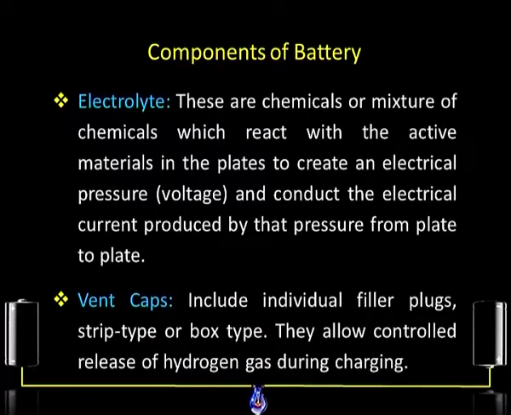Then vent caps. Vent caps are on the vent holes. They mainly allow the controlled release of hydrogen gas during charging. During charging, hydrogen and oxygen gas bubbles come out from the vent holes, which can be capped by vent caps for controlled release.